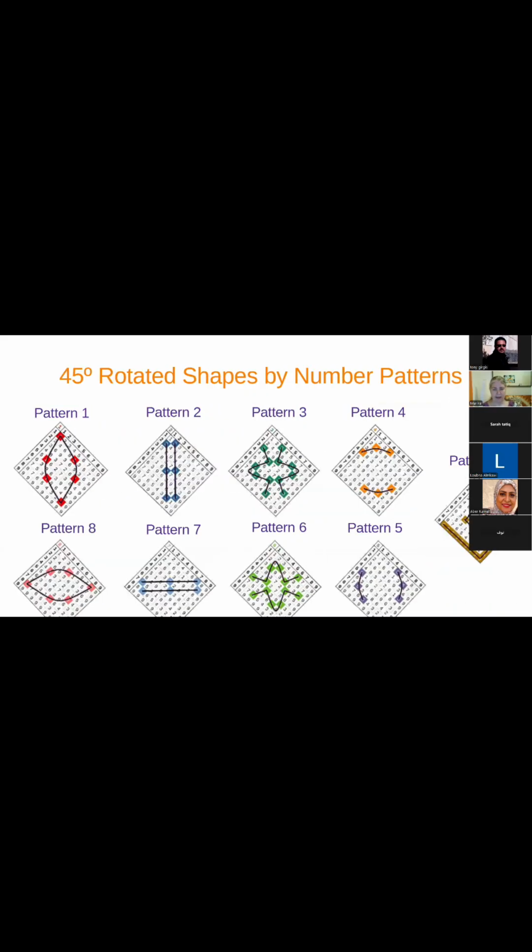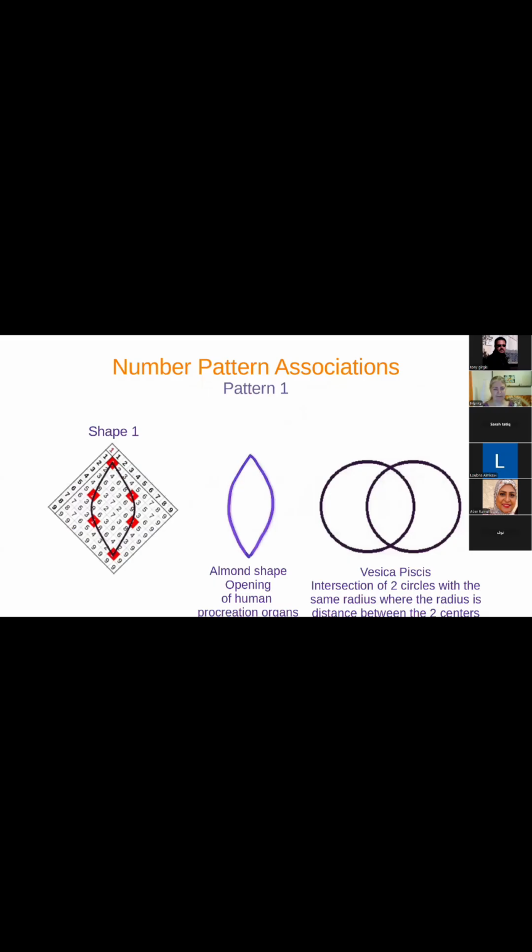And we're going to look at patterns associated with these shapes. Number 1 looks like an almond shape, the opening of the human procreation organs, as well as the vesica piscis. The intersection is a mathematical geometric symbol, as well as a spiritual symbol.